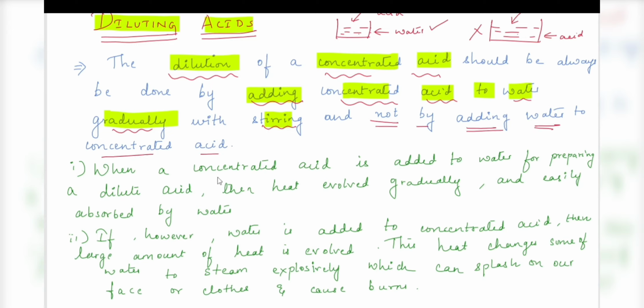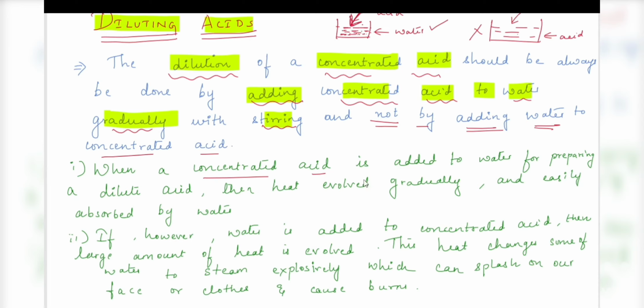When we add the concentrated acid to the water, the heat gets evolved gradually, and the heat produced during this reaction is absorbed by the water. The reaction between the acid and the water is a highly exothermic reaction, and heat is evolved. So when you add acid to the water gradually by stirring, the water will absorb the heat. This is the reason why we follow this procedure.